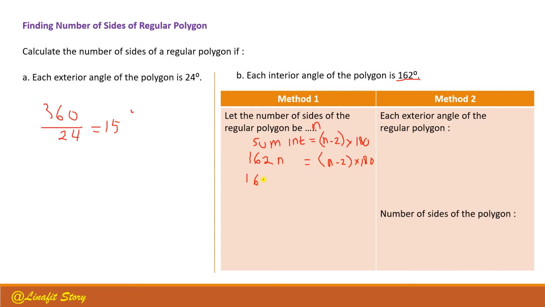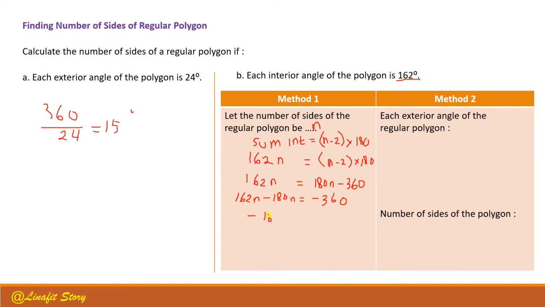So 162n is equal to n times 180, 180n. Negative 2 times 180 is equal to negative 360. So 162n minus 180n is equal to negative 360.